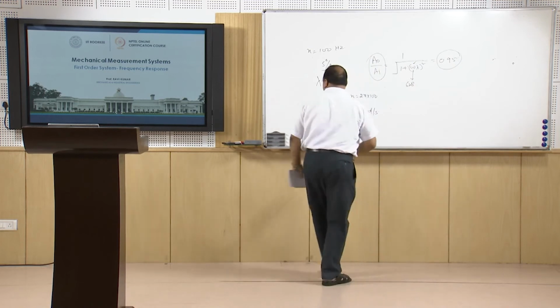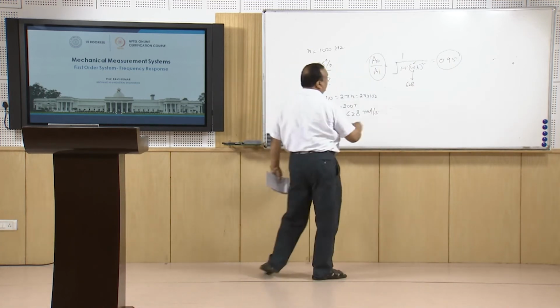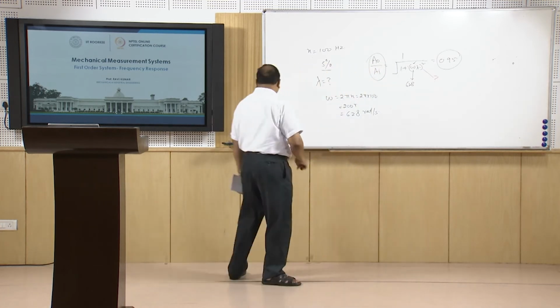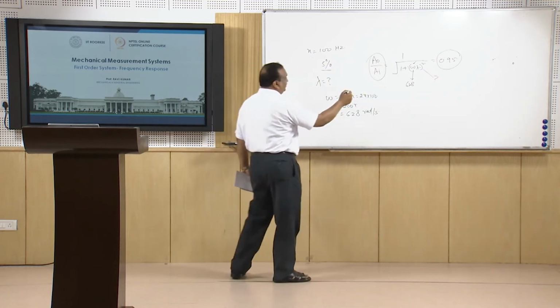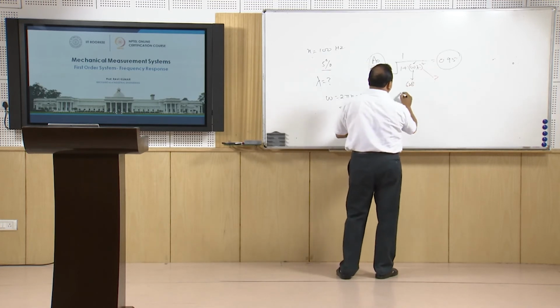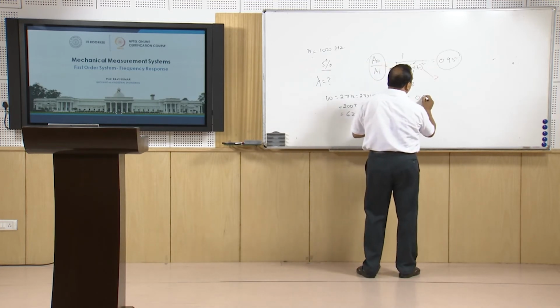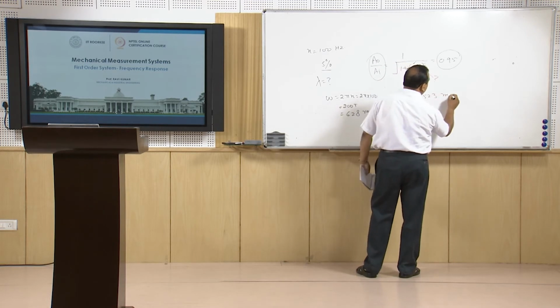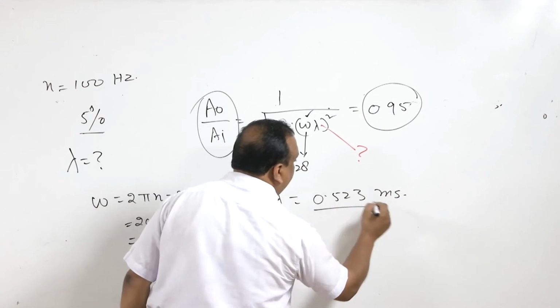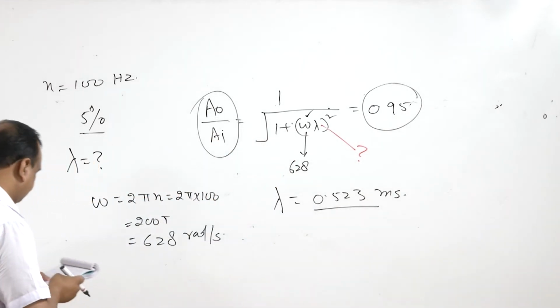The only unknown remaining here is lambda. With the help of these values, we will calculate the value of lambda, and lambda is 0.523 milliseconds.